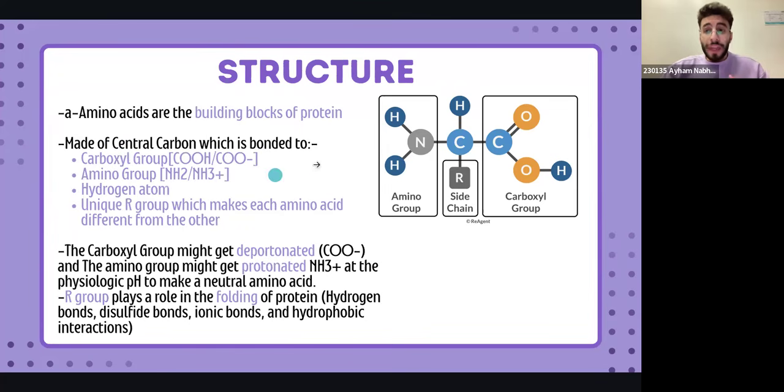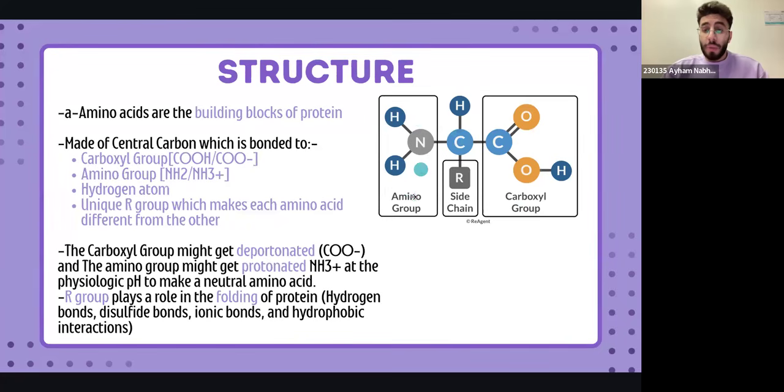So, the first thing you need to know about the chemical structure is that it is made of a central carbon, which is this one, okay? And this central carbon is going to be bonded to four structures. The first one and the easiest one to remember is the hydrogen atom. The second one is the carboxyl group, which is positively charged.